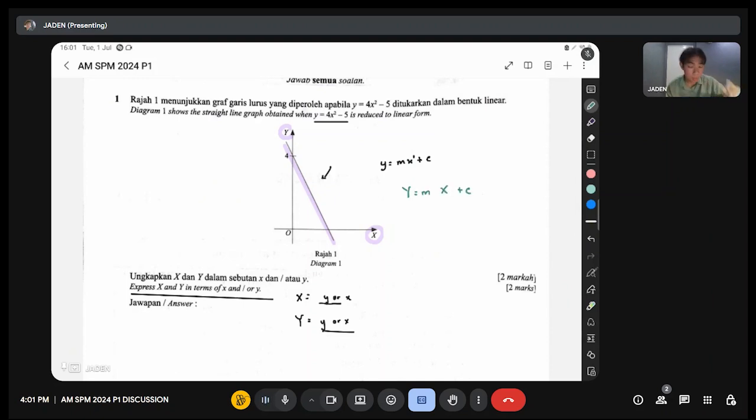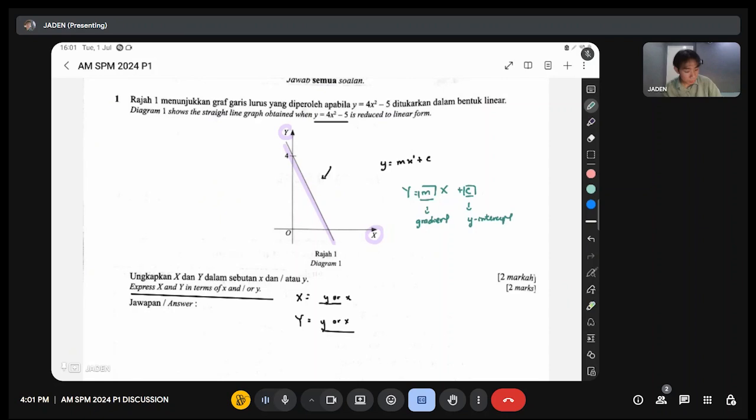We want to make sure that our m and c are clearly defined, which means we can understand what m is and what c refers to. M and c represent your gradient and y-intercept. In Malay, we call it kecerunan and pintasan y.